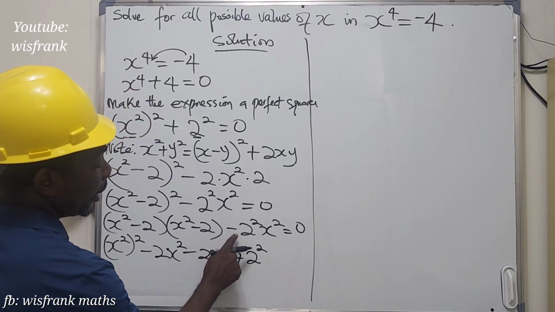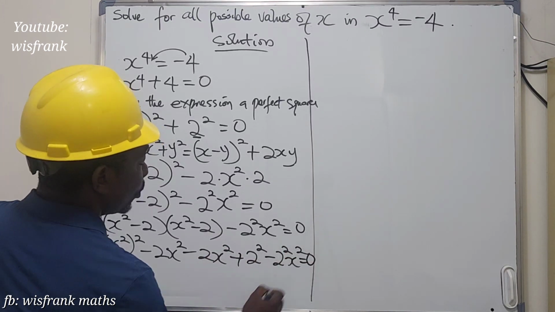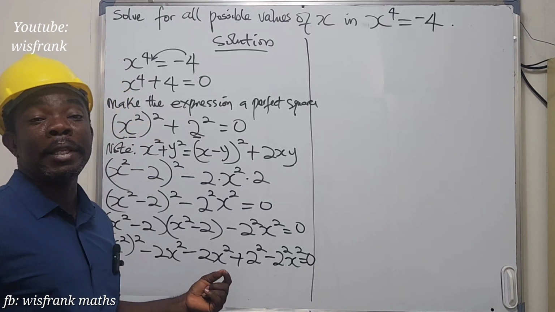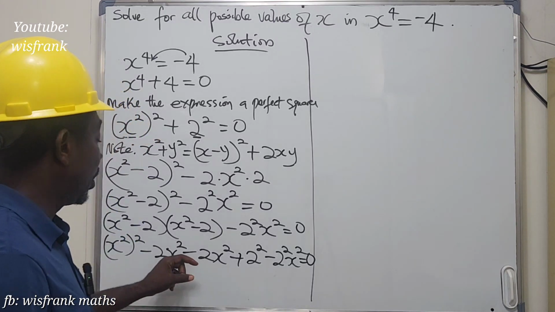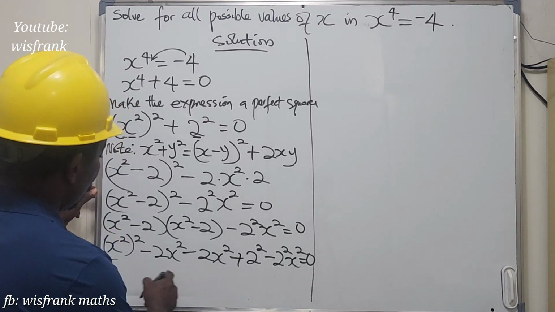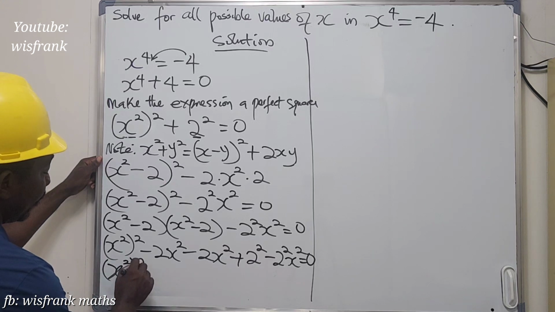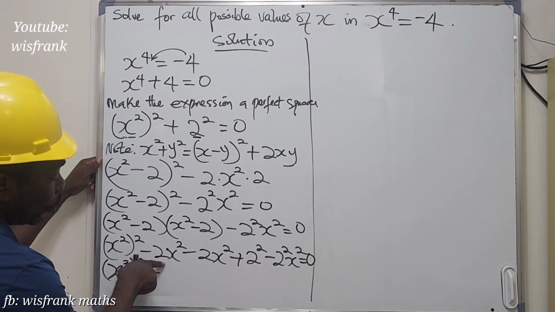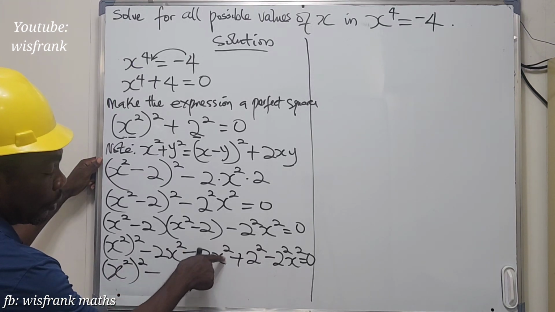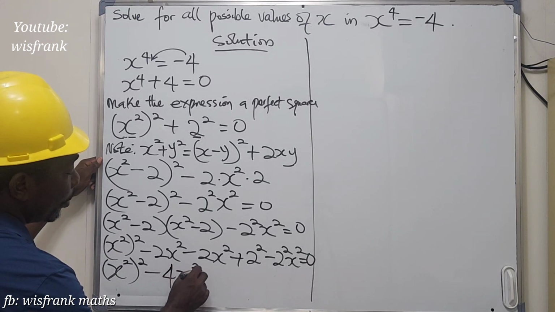In this case, we bring down minus 2 to the power of 2 x to the power of 2 equals 0, because we are still maintaining the perfect square method, so everything is in perfect square. So this is the same thing as x to the power of 2 all to the power of 2 minus, this is minus 2x to the power of 2 minus 2x to the power of 2 will give us minus 4x to the power of 2.